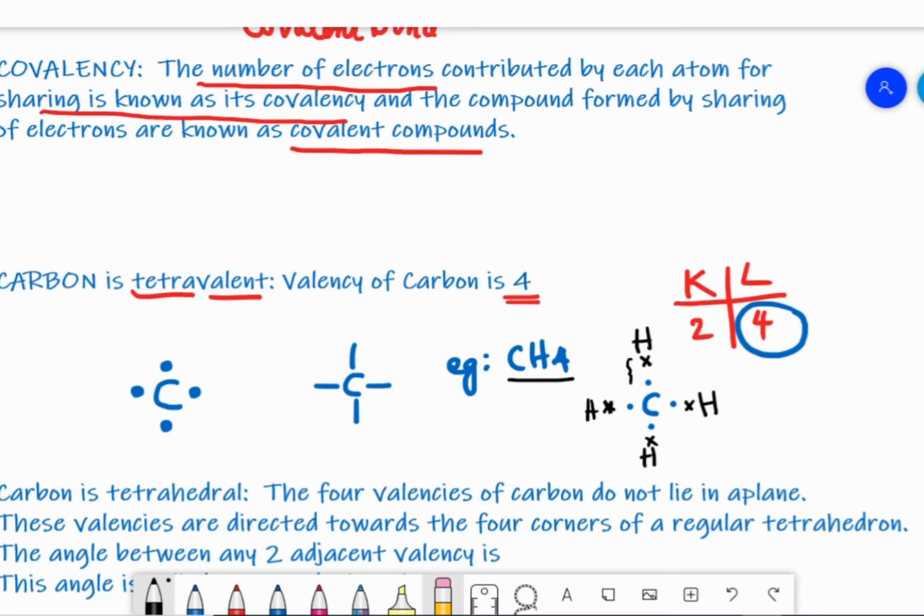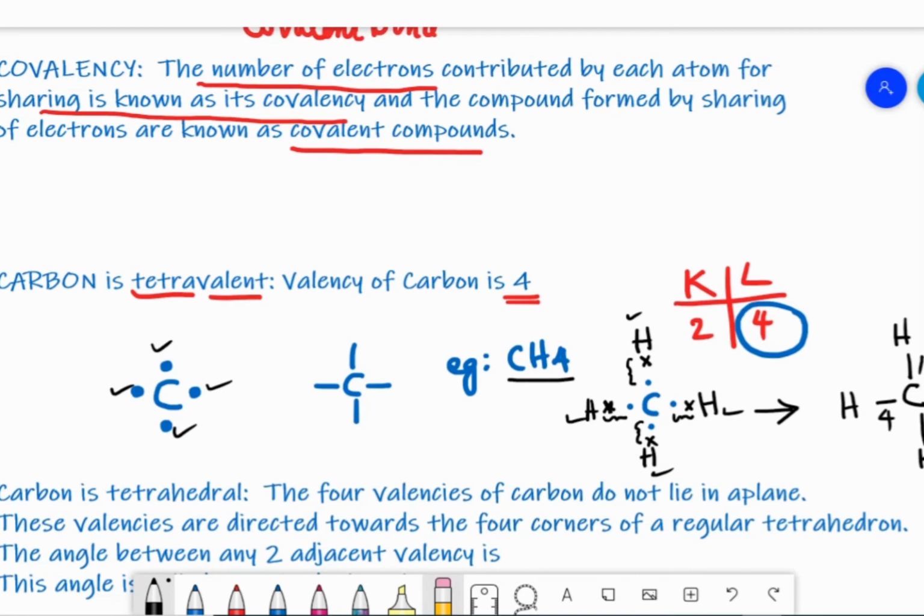This is one covalent bond, the second is this one, then the third, and the fourth. So there are 4 carbon-hydrogen bonds forming between carbon and hydrogen. Overall, carbon shares its 4 electrons with 4 hydrogen atoms and forms 4 covalent bonds.